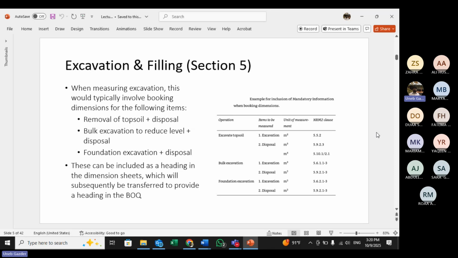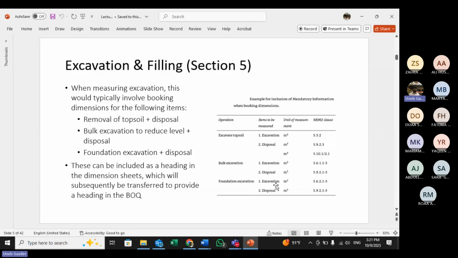There are two NRM2s. I don't know if I mentioned it earlier or not. If you search online, you will find two versions of NRM2. One is the old one, the other one is a new one, which I uploaded. The main difference between them is the representation of the items. So this is what you will normally see in the old NRM2.